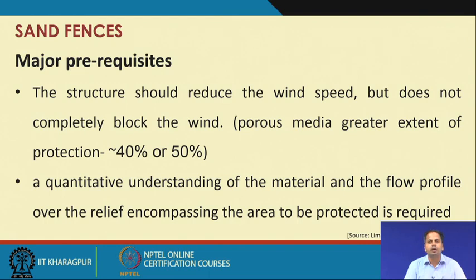The barrier should not be completely solid, because if the porosity is low and it is more solid, there is a possibility of formation of vortex. So we need to take care of that also. It is recommended that around 40 to 50% porosity is good, which can provide a greater extent of protection.